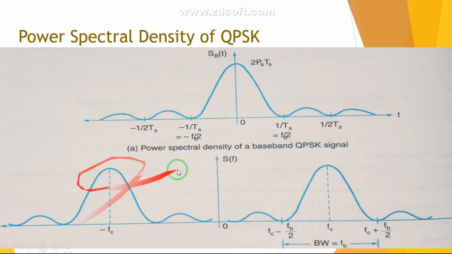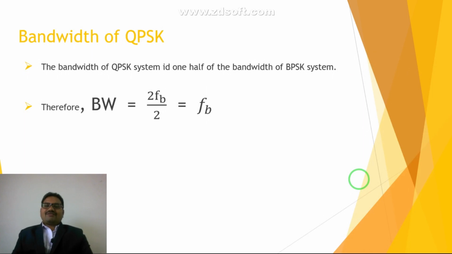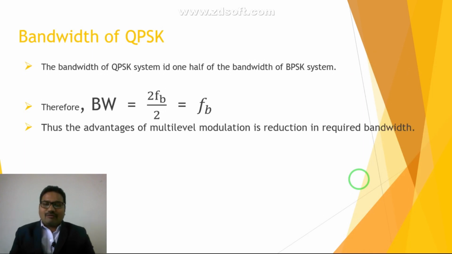So the bandwidth of your QPSK system is half the bandwidth of the BPSK signal, because in BPSK the bandwidth was twice FB, but here it is FB. This is the advantage of multi-level modulation: a reduction in bandwidth, so the bandwidth requirement is less. As I already told, the bandwidth is twice FB by 2, that is, only FB.